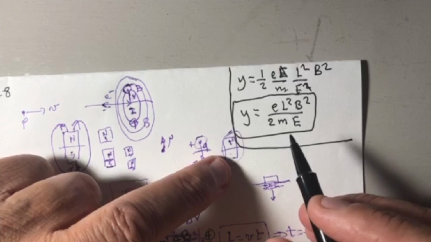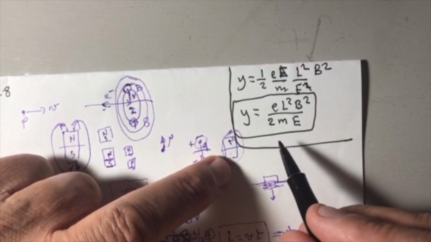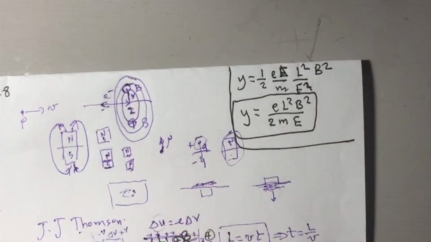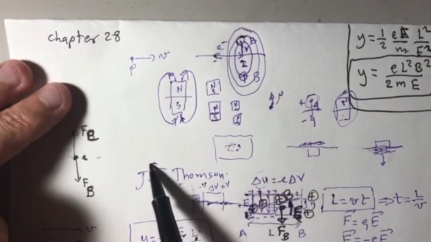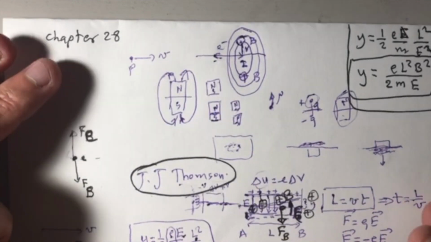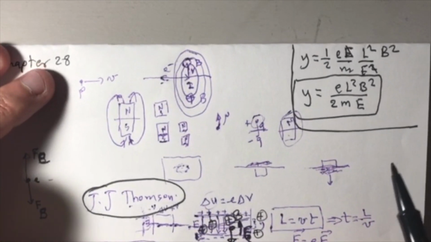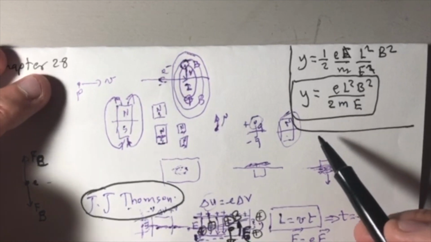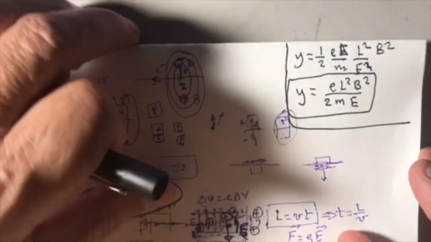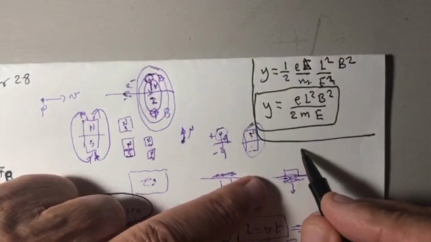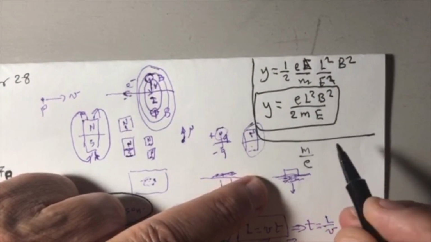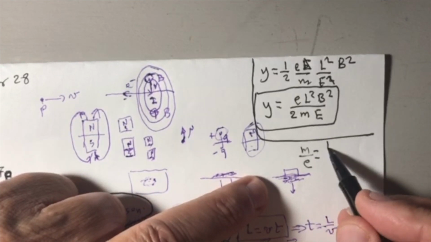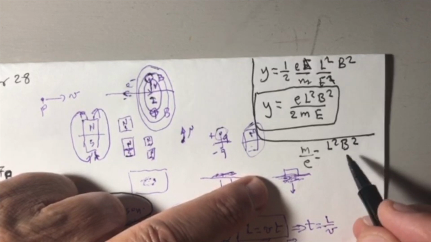Now, this J.J. Thomson guy, what he was looking for is this ratio m over e. That's what he was looking for. So let's see if we can do that. We have m over e is equal to E L squared over 2 Y B squared.